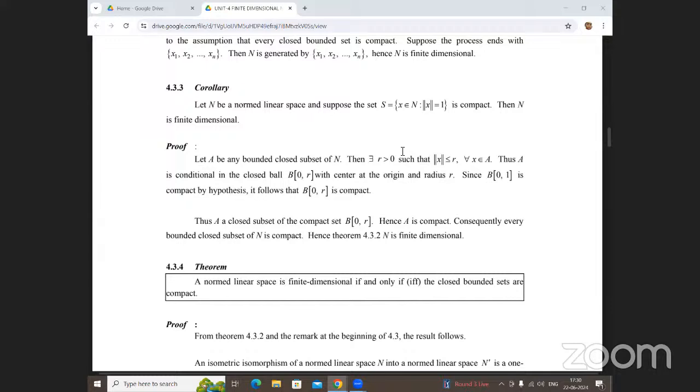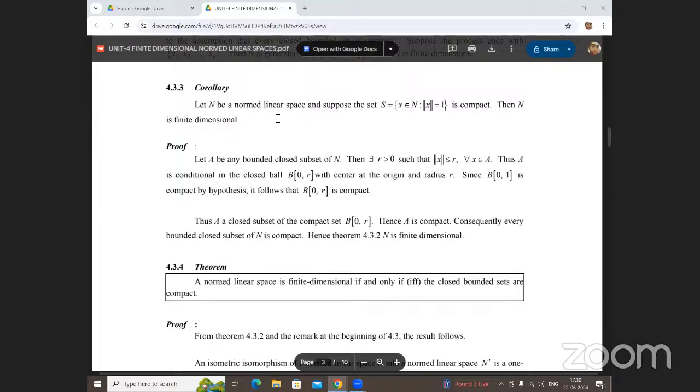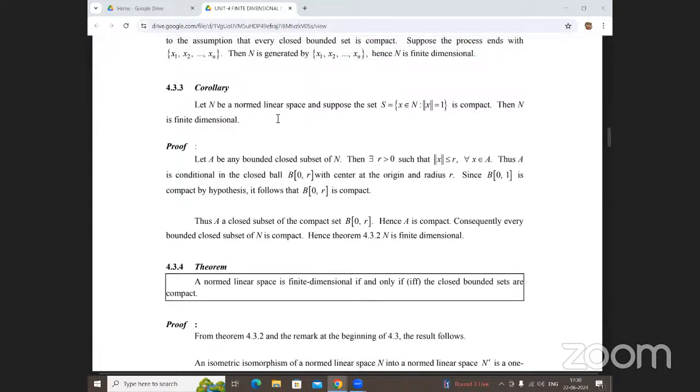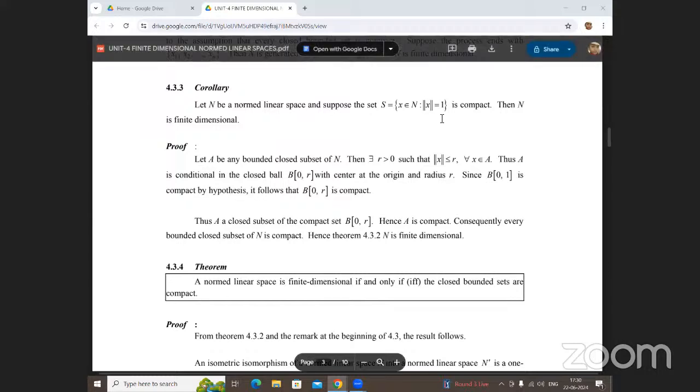Okay. Students, listen carefully. Now, this is the proof of the above theorem. When you are given a normed linear space, suppose that the set S equals the set of x belonging to N, where you take any point x of the normed linear space whose norm is unit.